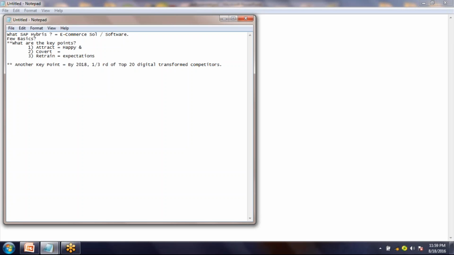That means one of the key points is, by 2018, one-third of the top 20 industries will be disrupted by digital transformed competitors. If you are not digitally transformed, then obviously you will be disrupted.